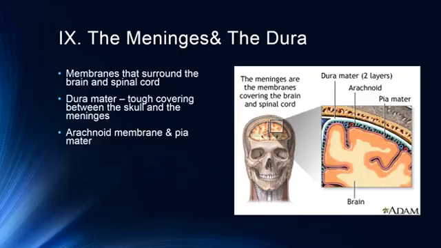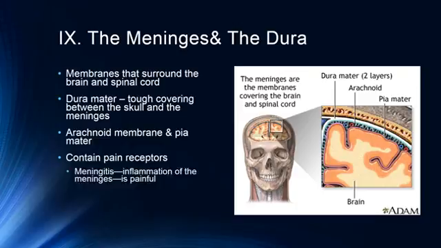Underneath that are the arachnoid membrane and the pia mater, which are the next sort of layers of protection over the cortex. These parts contain pain receptors. There are no other pain receptors in the brain aside from in the membranes. If you end up with something called meningitis, this is the inflammation of the meninges and is particularly painful.